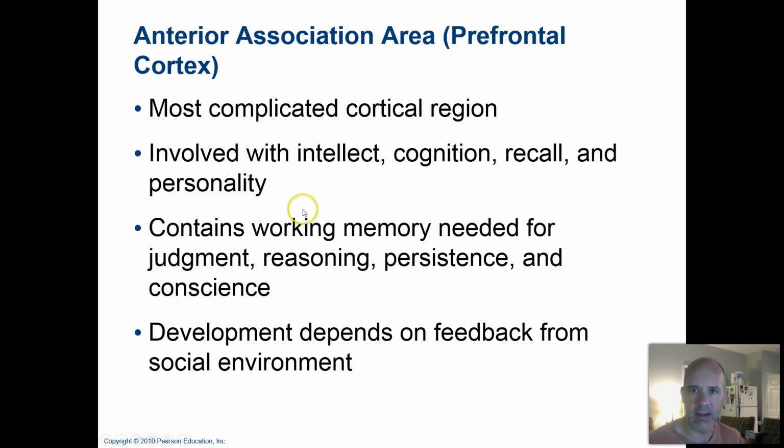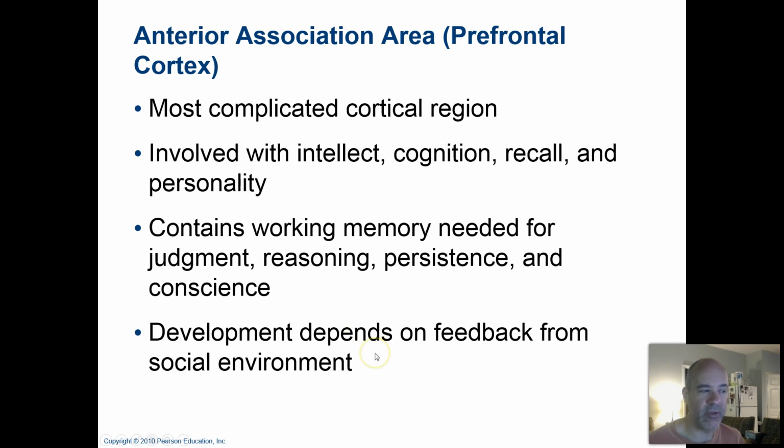Your personality, what type of personality you have, comes from neurons signaling each other in this part of the brain. Judgment, reasoning, persistence, your conscience, awareness, this is weighing on my conscience, this is making me feel guilty. Those types of things are all generated within this prefrontal cortex area.